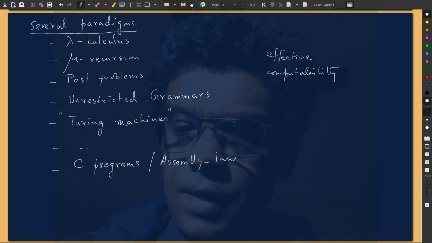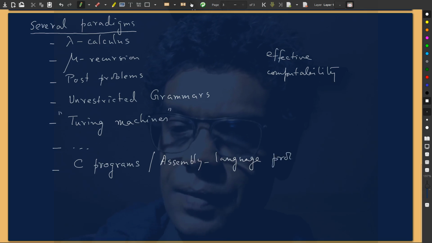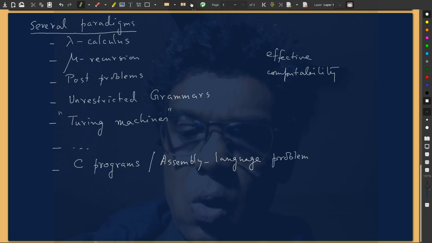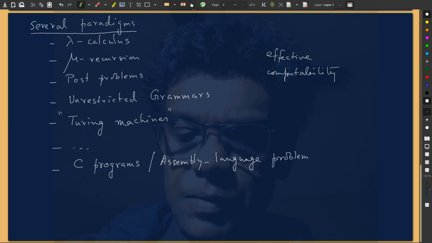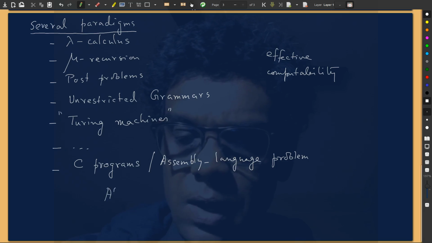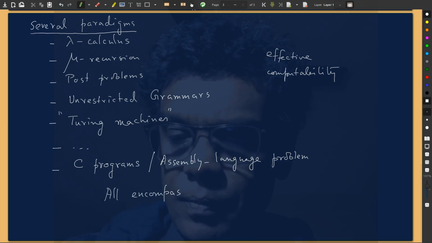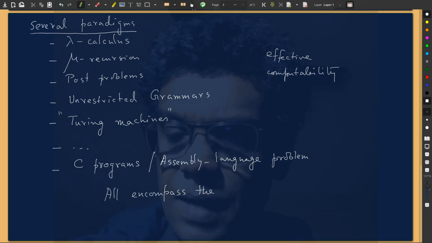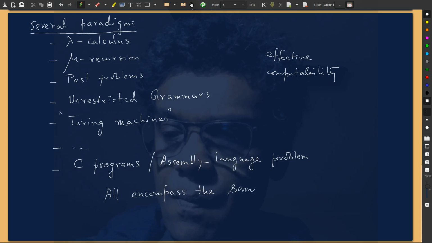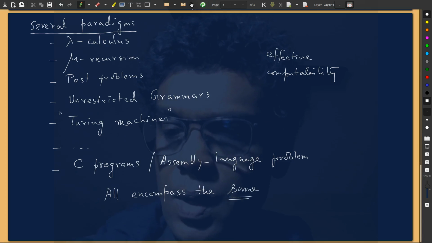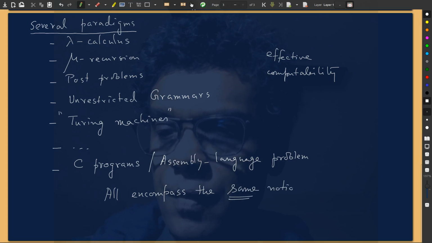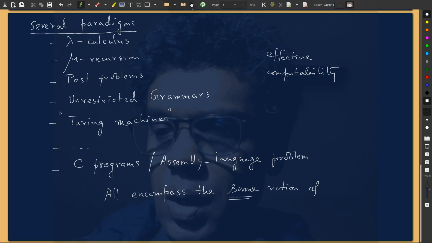What is important in this context is that all these different looking paradigms essentially encompass the same notion of computability.